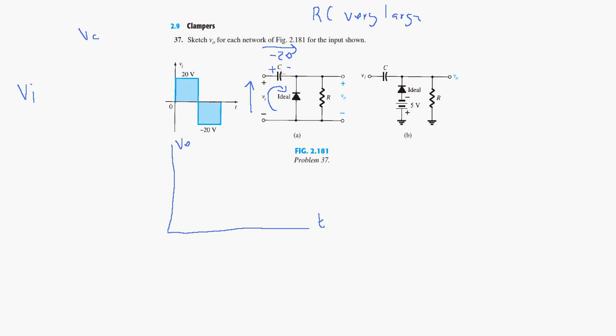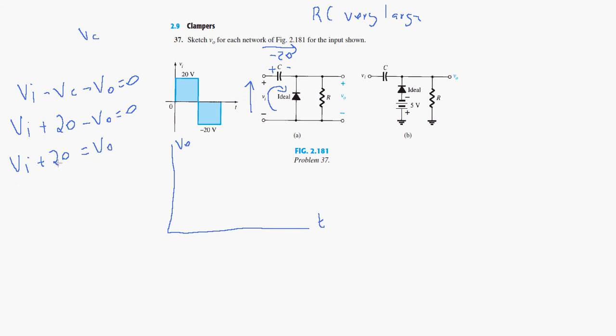So Kirchhoff's voltage law is VI minus VC, and then here we have minus V naught equal to 0, minus V naught because we are going from plus to minus. VC here is minus 20, so we have VI plus 20 minus V naught equal to 0, because minus times minus is plus. So VI plus 20 is equal to V naught, and so V naught is equal to VI plus 20 volts.